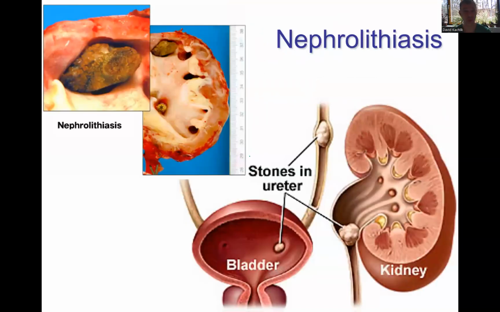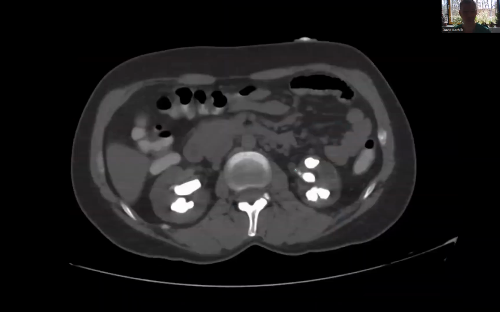Here you can see quite big stones in the kidney. So that's nephrolithiasis, lithos, stone in Greek, and multiple nephrolithiasis in the kidneys on CT, which I think is apparent.